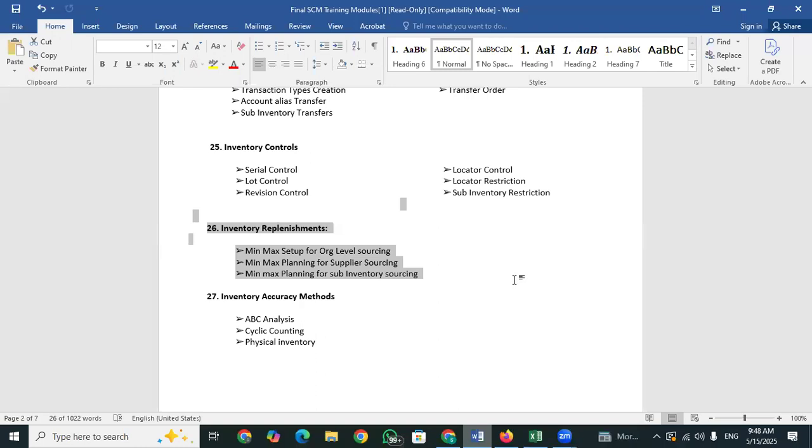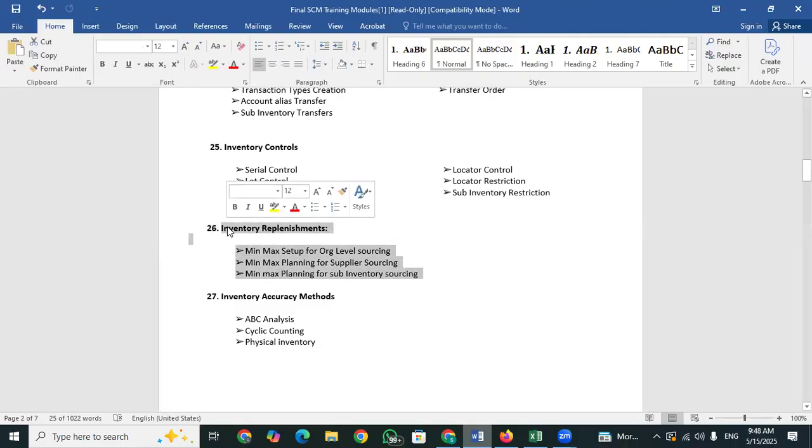So in such a scenario, the system automatically reports that such and such material is short, and that you need to get it from different sources, either from the supplier or from IKEA Bangalore or IKEA Chennai. The system recommends this automatically through the planning method, which we call min-max planning.